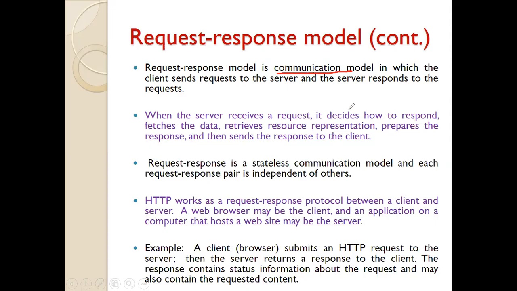Whenever the server receives the request, it decides how to respond. It fetches the data, retrieves the resource representation, prepares the response, and then sends the response to the client. And this is self-explanatory in the block diagram also. So one more term is introduced here, that is, it is a stateless communication model, and each request response pair is independent of the other.